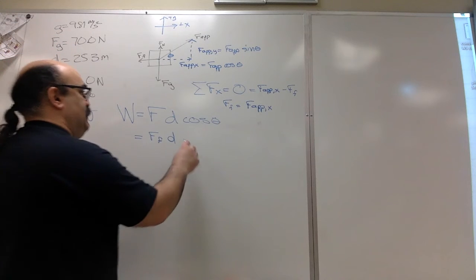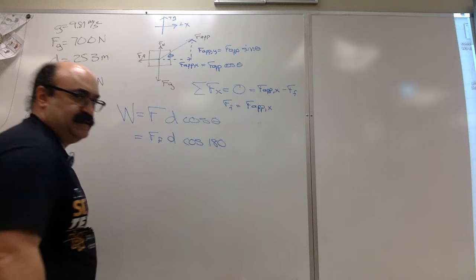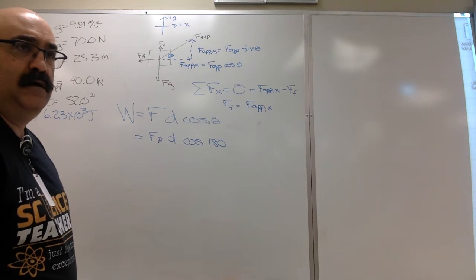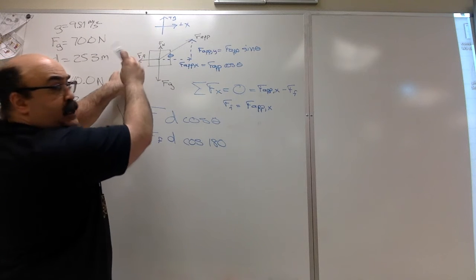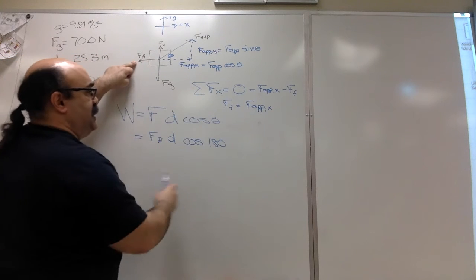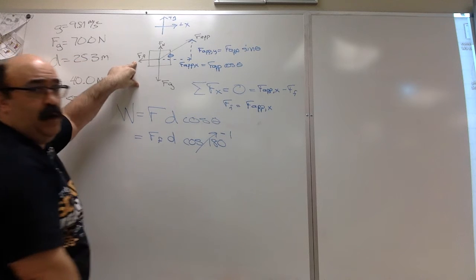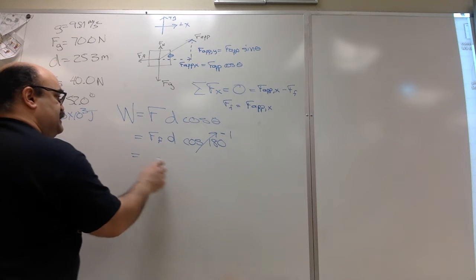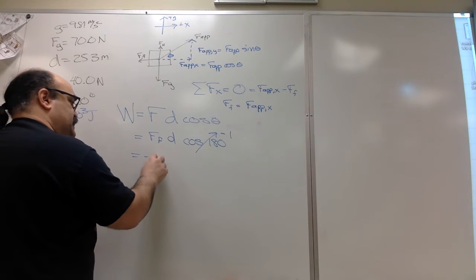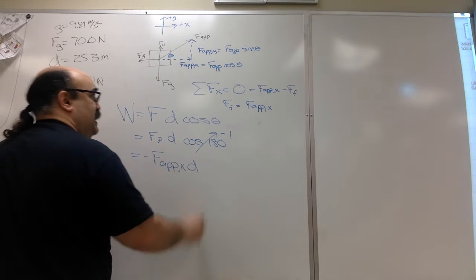In this case, the angle is 180 degrees. Why? I'm applying the force in this direction. Well, what direction am I moving? That direction. And the funny thing is, the cosine of 180 is -1.